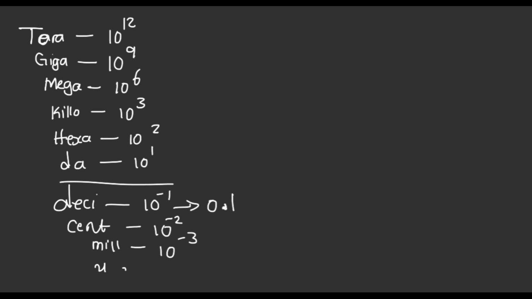So micro simply means a very small number. So micro is 10 raised to the power negative 6. Then we have nano with 10 raised to the power negative 9. Then we also have pico with 10 raised to the power negative 12.